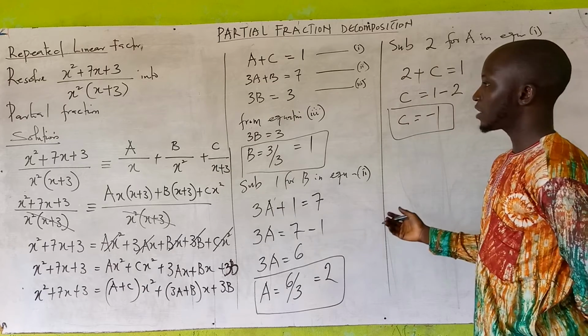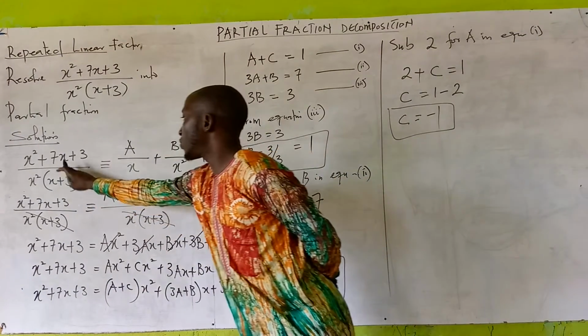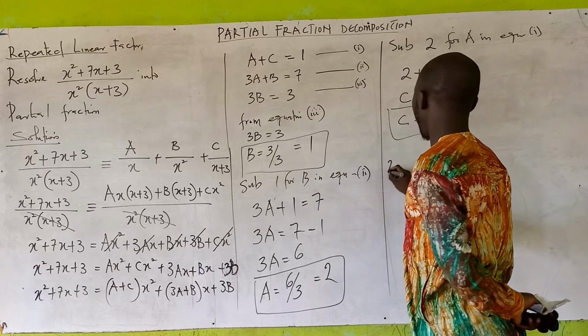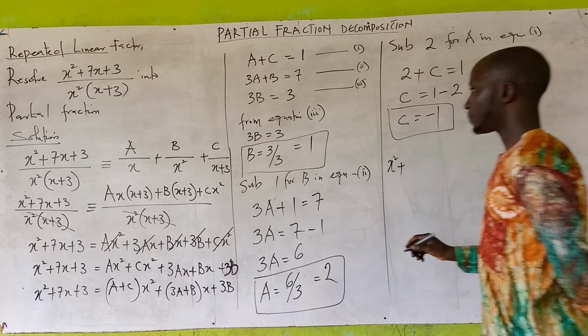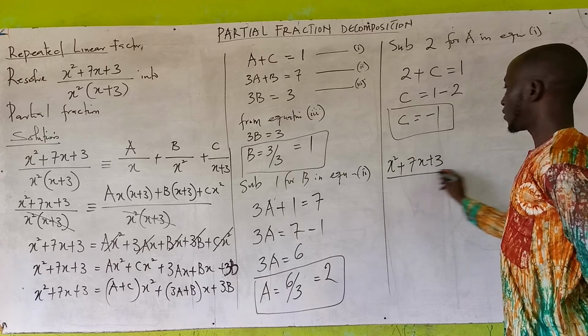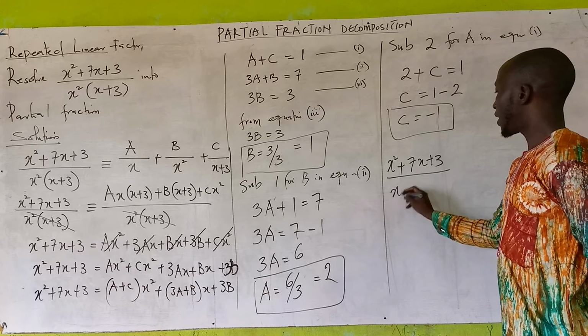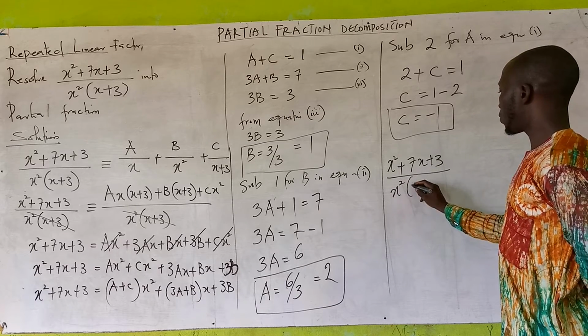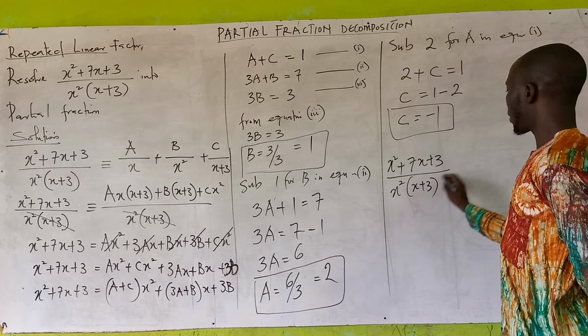Now, what is our partial fraction? We go back to x squared plus 7x plus 3 divided by x squared into bracket x plus 3.